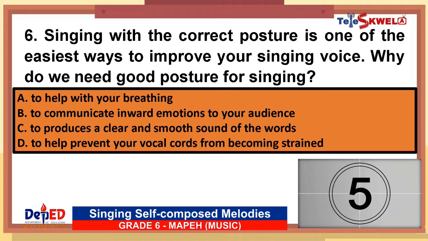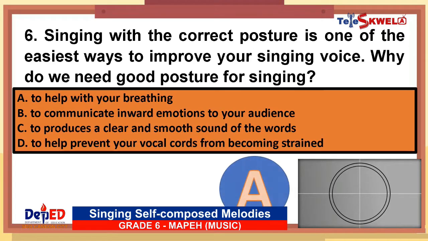And letter C, to produce a clear and smooth sound of the words. And letter D, to help prevent your vocal cords from becoming strained. And timer starts now. The answer is letter A, to help with your breathing.